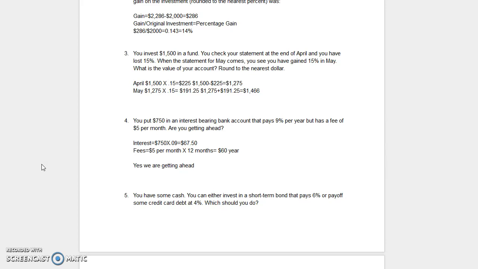Whichever percentage is the highest is the one that you should invest or pay off. So in this case, since the short-term bond is 6%, which is higher than the credit card debt at 4%, you should choose to invest in the short-term bond at 6%.